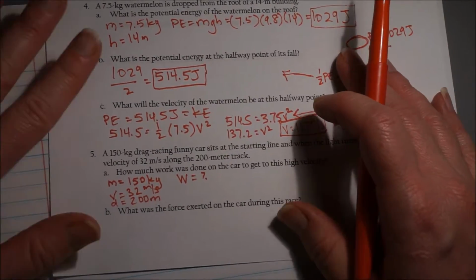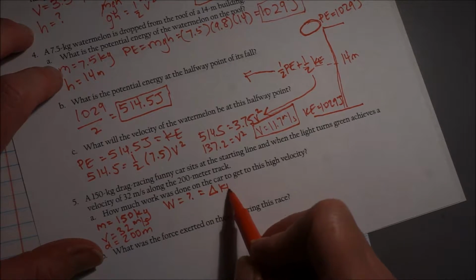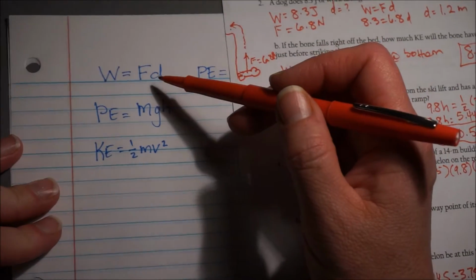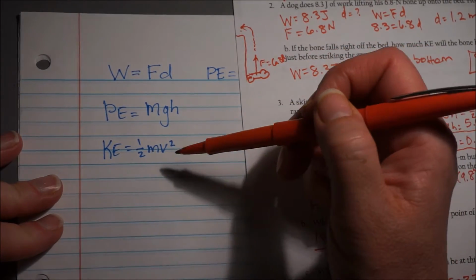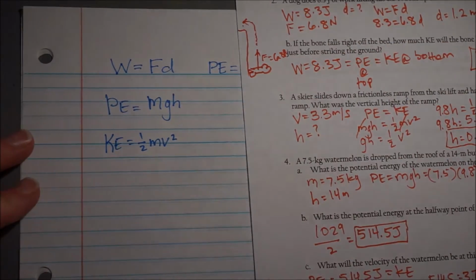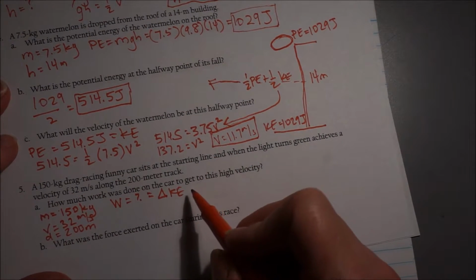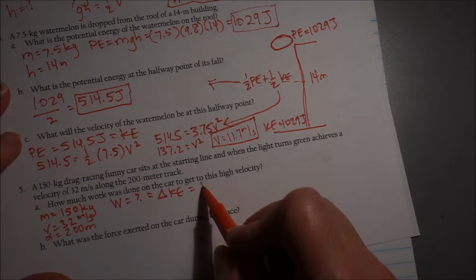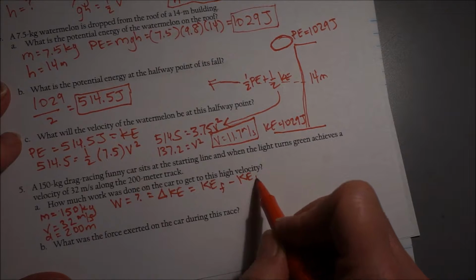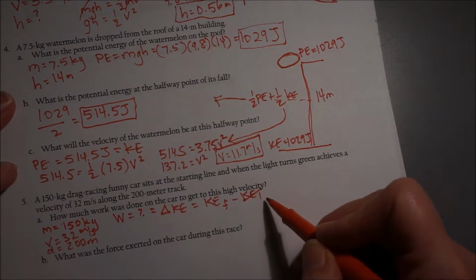But there's another way that we can find work. In this problem, the work is going to equal the change in kinetic energy that our car experiences. If you recall, at the beginning I said sometimes we could set work equal to kinetic energy when the work was being done to increase the speed of a car. So what we can find using our mass and velocity is the kinetic energy. Our change in kinetic energy is really the final minus the initial kinetic energy, but the car starts from rest, so it doesn't have any initial kinetic energy.